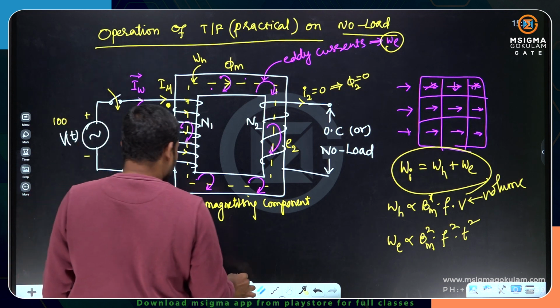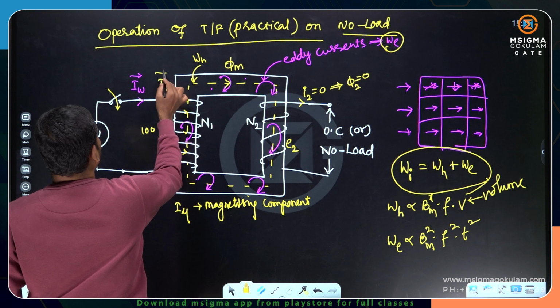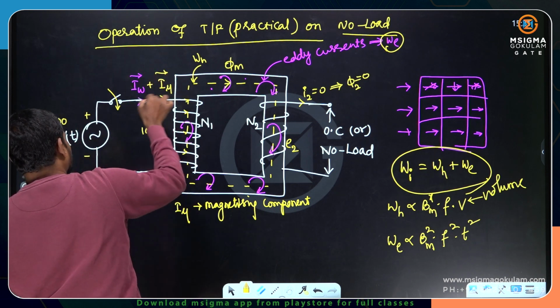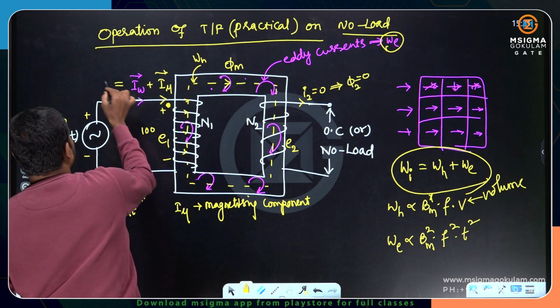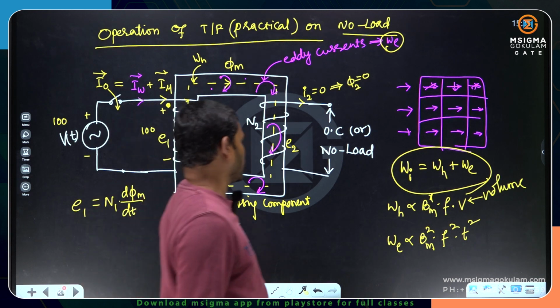The phasor sum or vector sum of the magnetizing component and the core loss component, we call it the no load current.